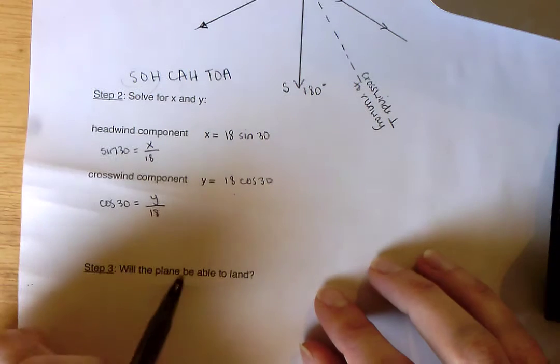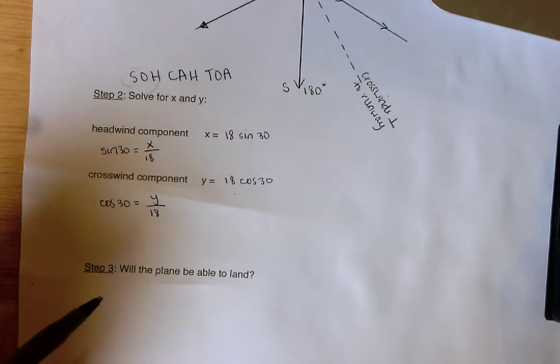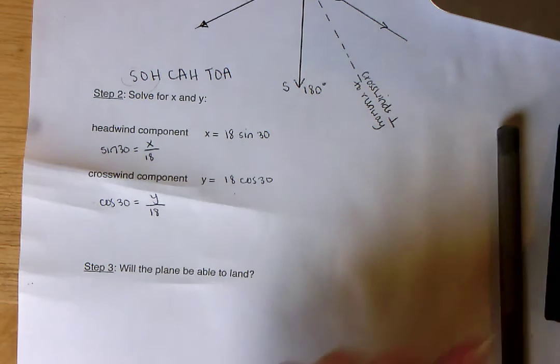So now to answer our question, will the plane be able to land? Let's look at that value here, 18 cosine of 30.